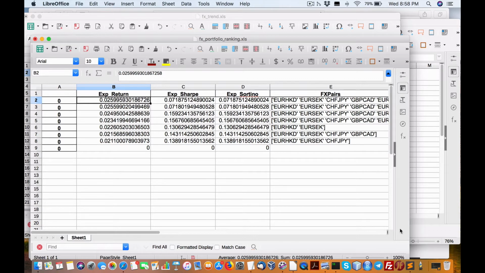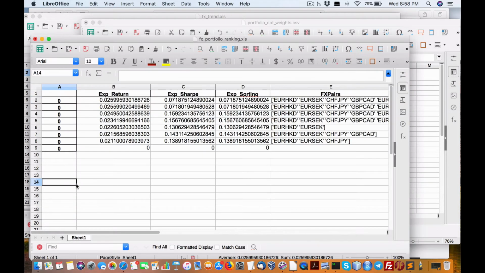So there's that. All right, so again, it's a simpler concept of how to go about to allocate your capital based upon trends, what you see in the charts, which translates into the data.